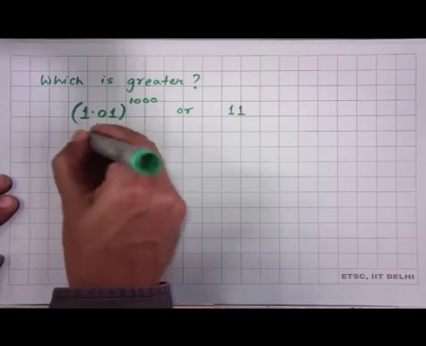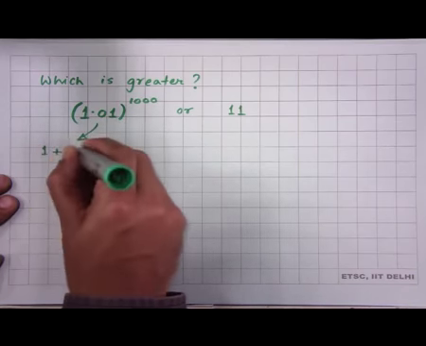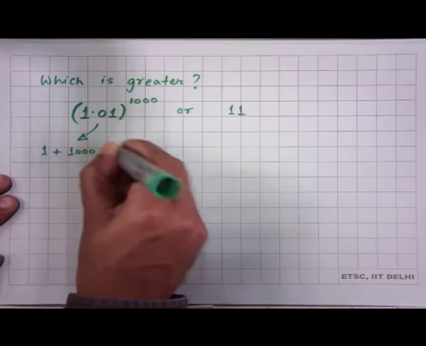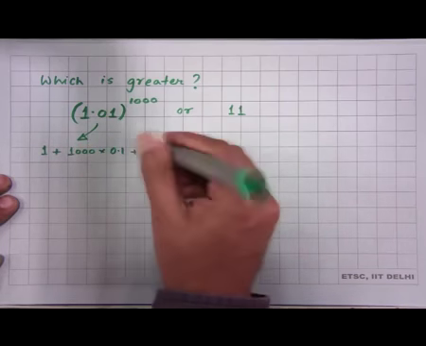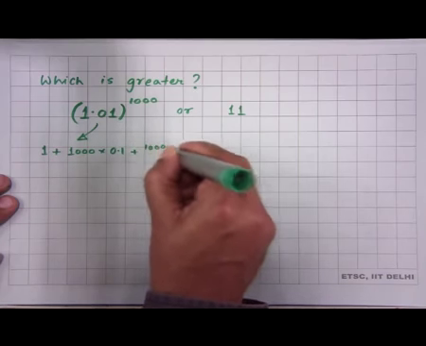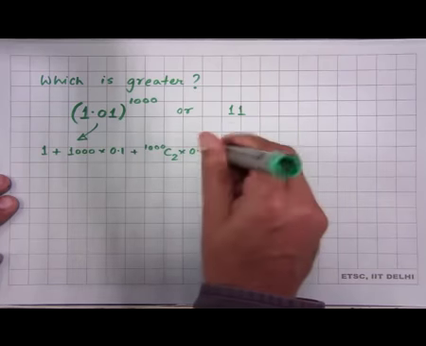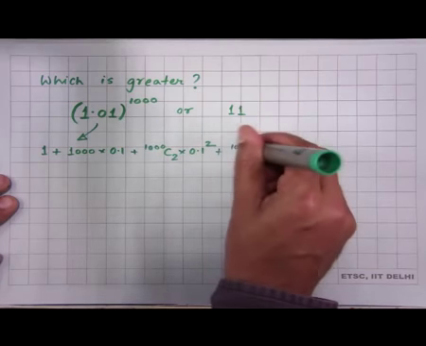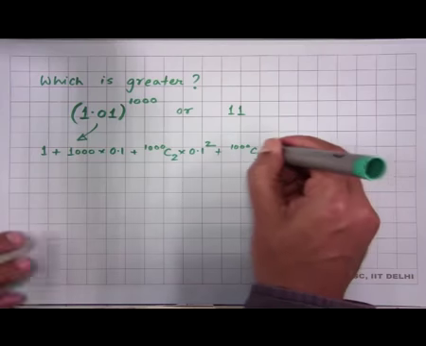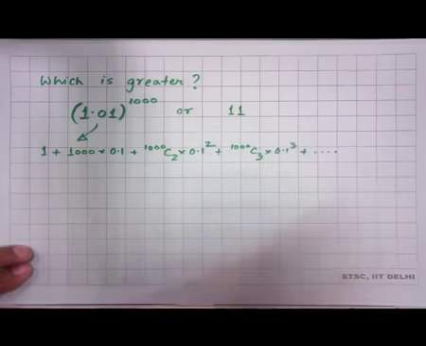So, this breaks up into 1 plus 1000 into 0.01 plus 1000 C2 into 0.01 squared plus 1000 C3 into 0.01 cube, and so on and so forth.